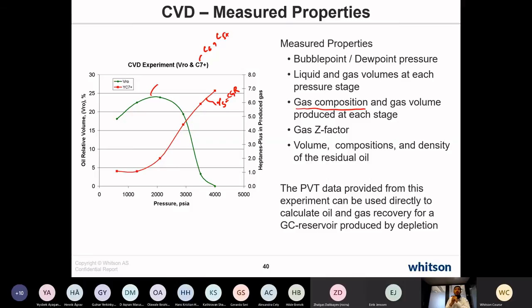We have seen PVT labs providing very bad quality liquid relative volume data just because they are using old mercury based cells, where you have to find this interface manually. But for the same fluid type, where the maximum liquid dropout is generally like 2 to 3%, there are labs which can provide very accurate data because they are using more sophisticated cells. So I think it's more related to the type of PVT cell you are actually using.